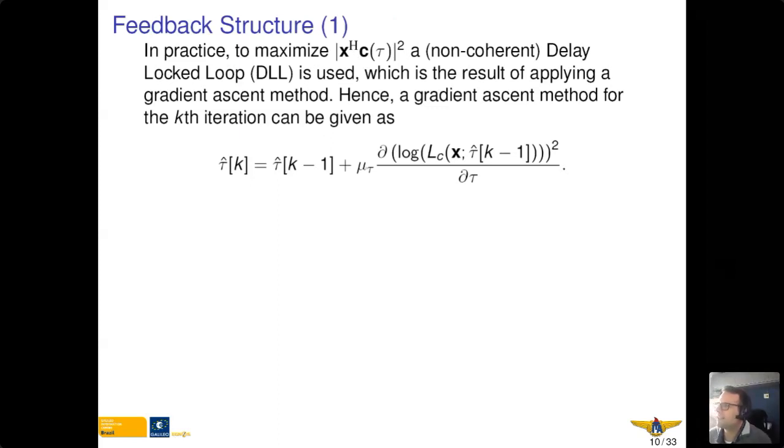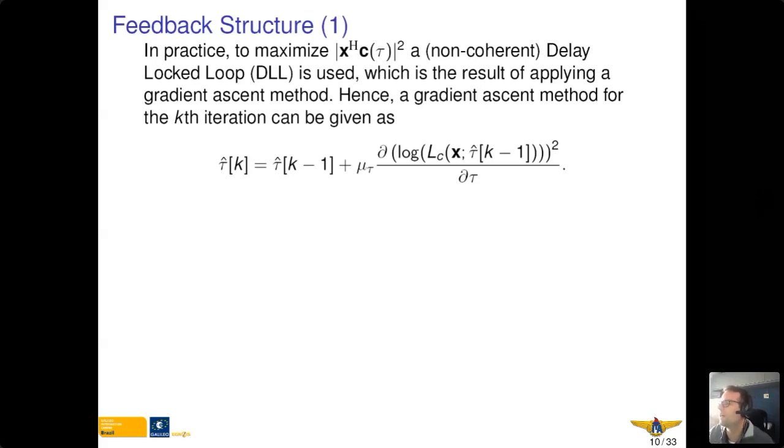Hence, a gradient ascent method for the kth iteration can be given as follows. And this follows the ideas that we introduced in the beginning of the course. We just have now the derivative of the concentrated criterion instead of the likelihood.